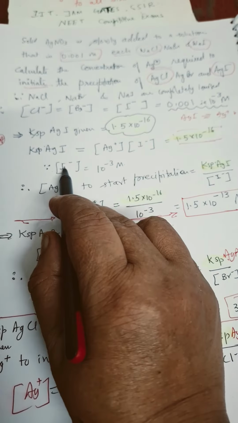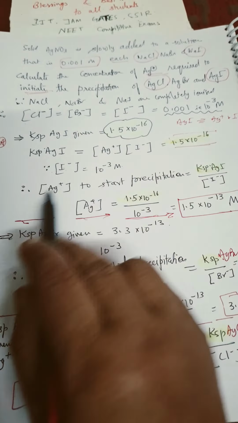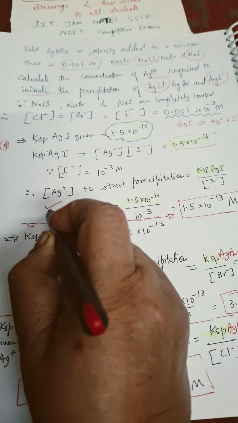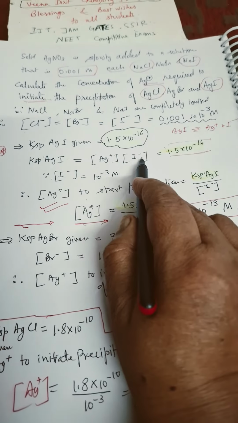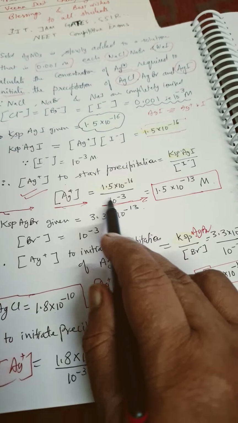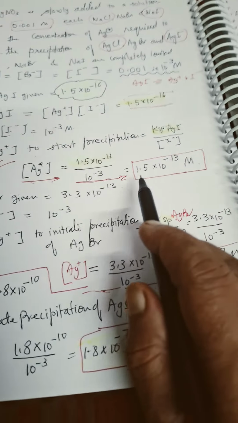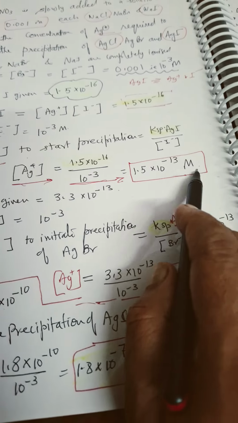I- is given as 0.001. So we have to calculate Ag+, which will be Ksp divided by I-. So we get the Ag+ concentration as 1.5 into 10 to the power minus 13 M.